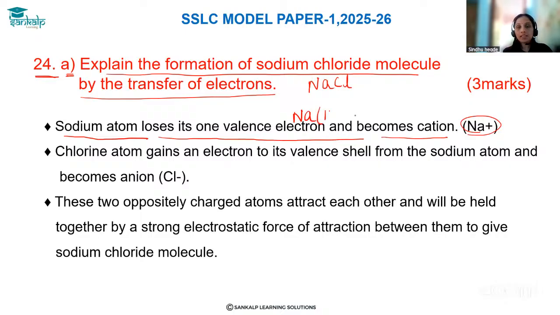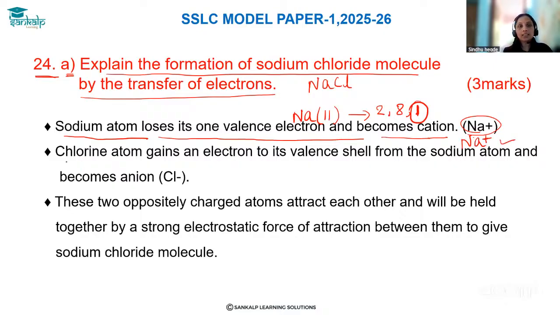Its electronic configuration is 2, 8, 1. In the outermost shell, it contains 1 electron. Hence, this sodium loses this one electron and it becomes a cation. Once it loses one electron, it becomes Na plus cation.